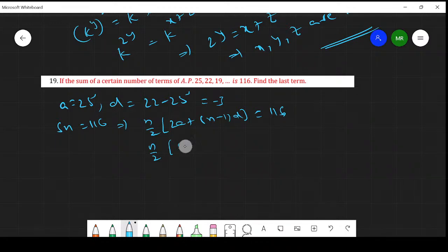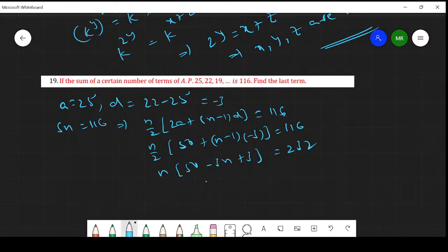Then n minus 1 into d, which is minus 3, equals 116. If I simplify, I take n into 50 plus minus 3n plus 3 equal to 2 into 116, which is 232.